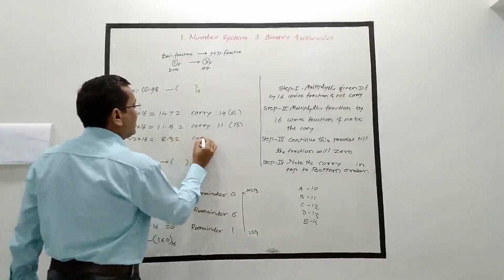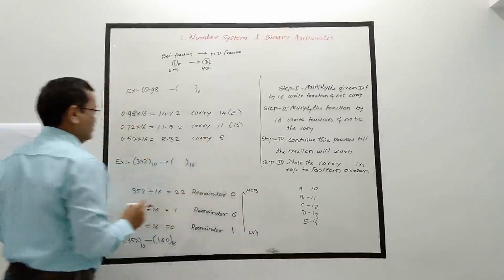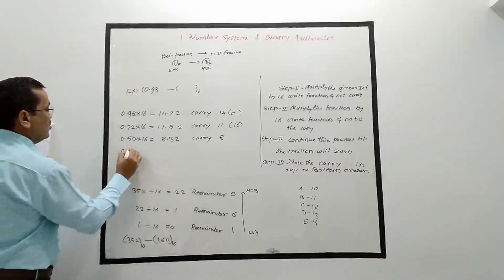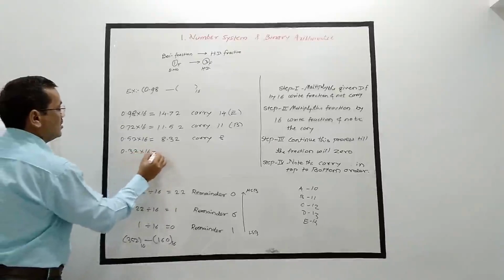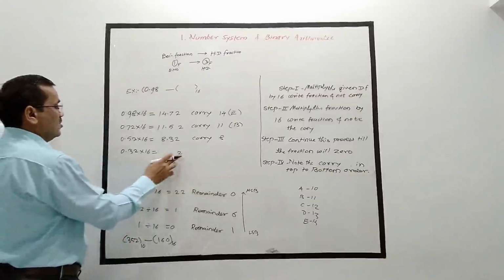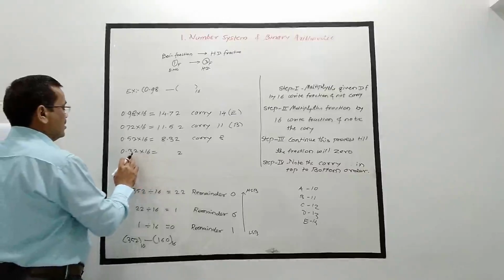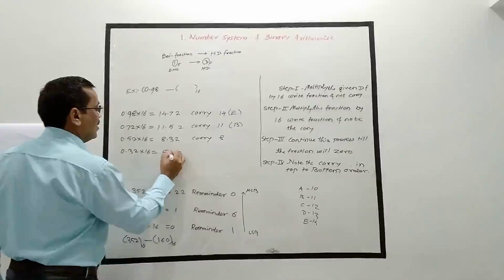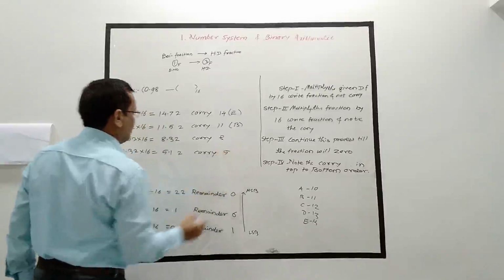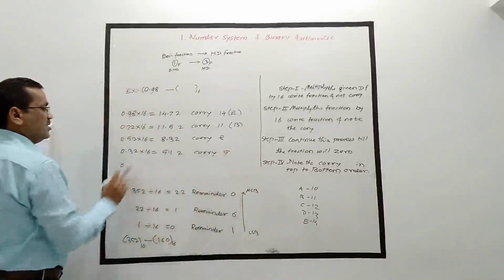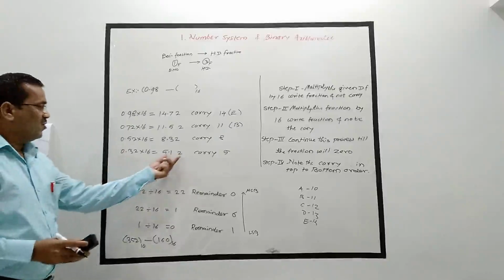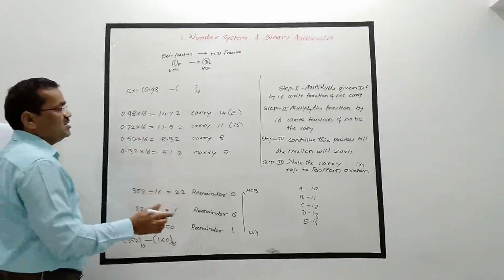Carry here is 8. Now 0.32 into 16 is 5.12. Carry here in this case is 5. Now 0.12 is a very small number. So up to this it is enough, 4 digits.